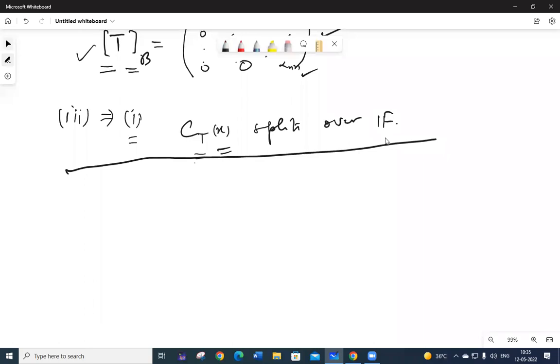Jordan form can be obtained under the same conditions as triangularization. Triangularization means the matrix of T would be upper or lower triangular. If upper triangular, in Jordan form it would contain Jordan blocks on the diagonal. Jordan blocks means most entries in the upper triangle are 0. So now we are going to get that Jordan form.